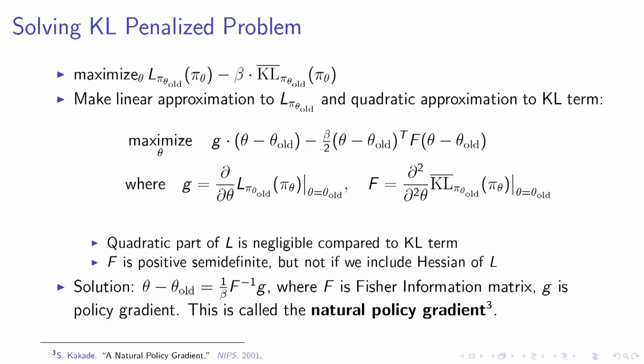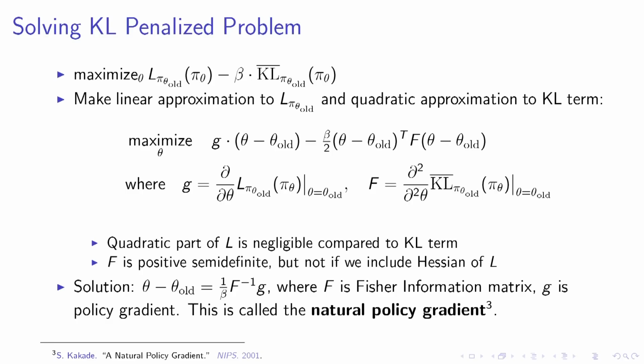We want this affine approximation of the objective and quadratic approximation of the constraint, and I won't go into all the justifications. Anyway, the solution to this is just a constant multiple times this matrix F inverse, where F is our Hessian, times G, which is the gradient.